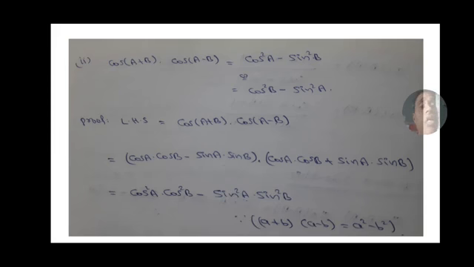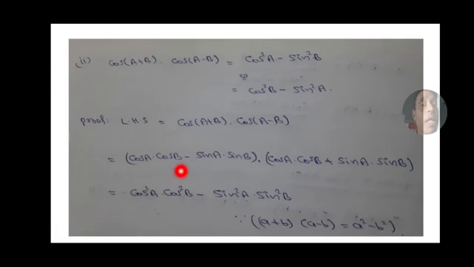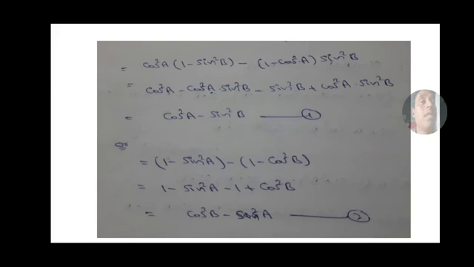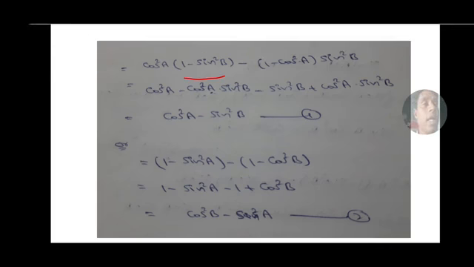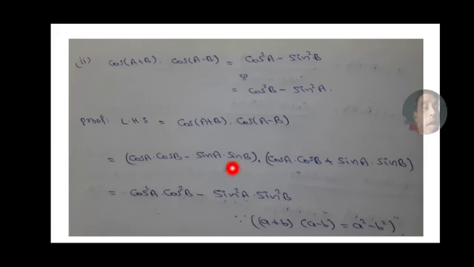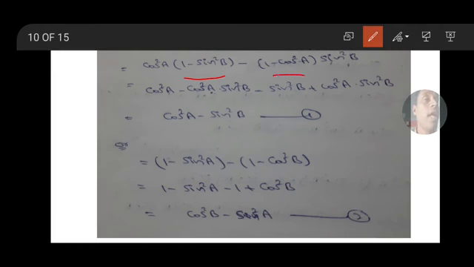So the first one, cos square a as it is. For cos square b, 1 minus sin square b. Next, sin square a can be written as 1 minus cos square a, into sin square b.